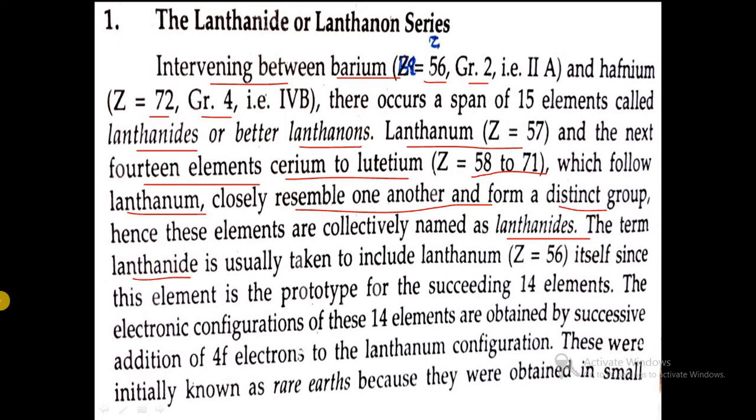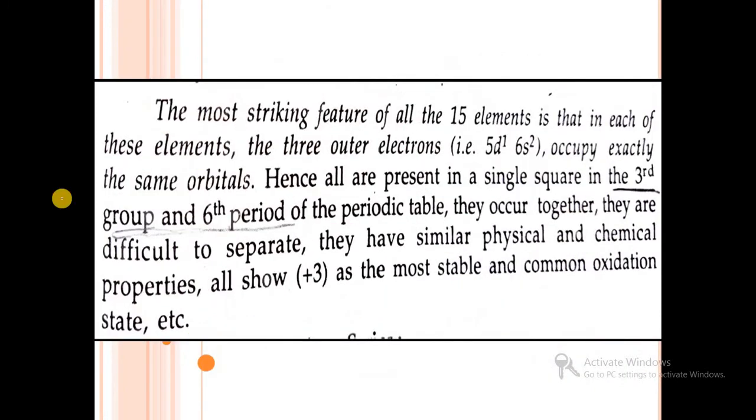The term lanthanide is usually taken to include lanthanum itself, since the element is the prototype of the succeeding 14 elements. All have similar properties. The electronic configuration of these 14 elements is obtained by successive addition of 4f electrons to the lanthanum configuration. These are also known as rare earths because they are obtained in small quantities.